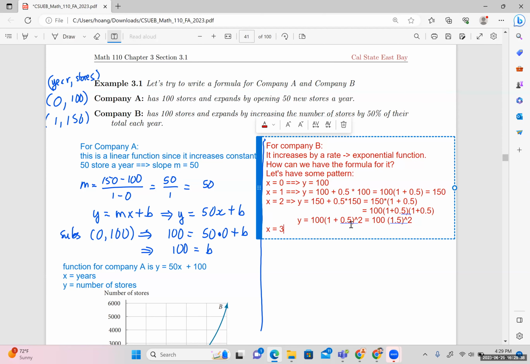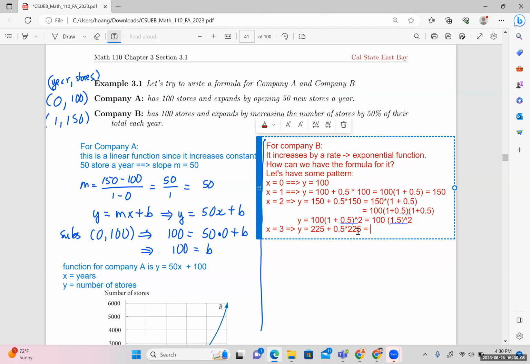What about x equal to 3? I will have y equal to 2.5 plus 0.5. This is equal to 2.5, okay? Times 2.5.